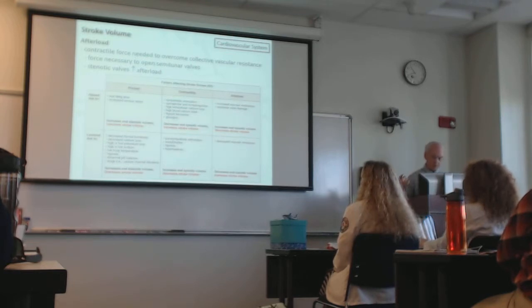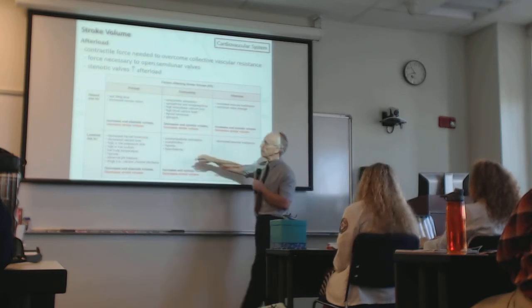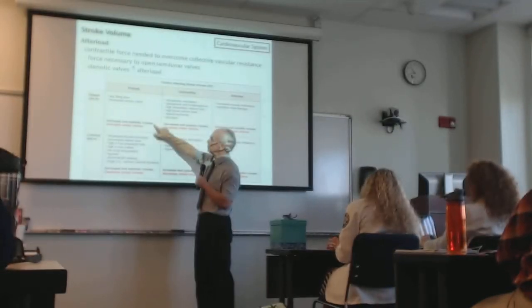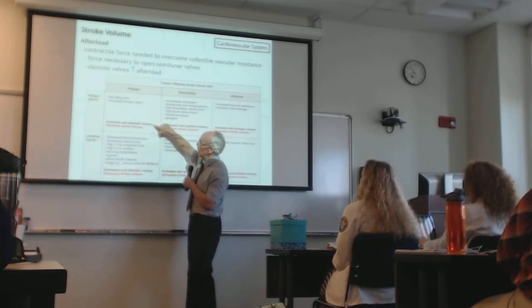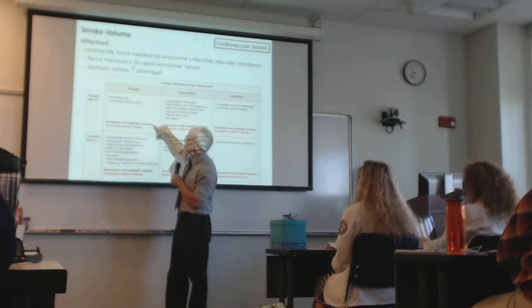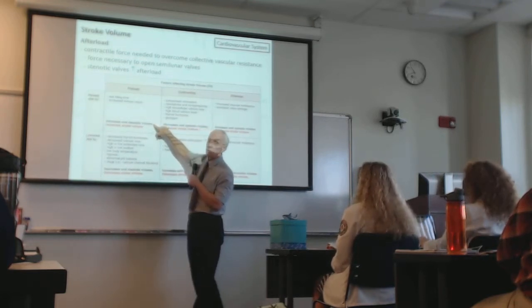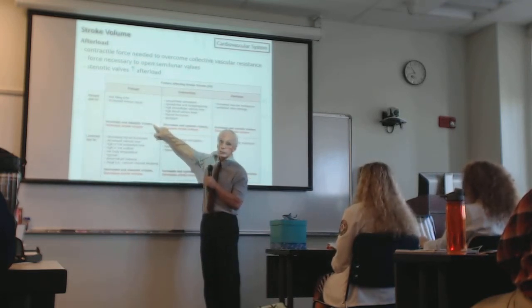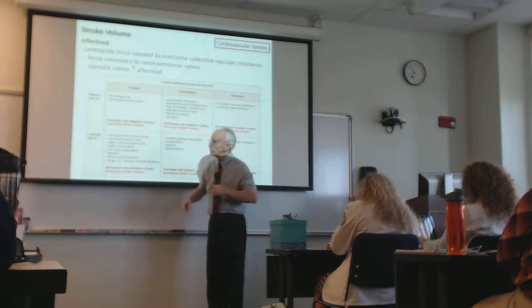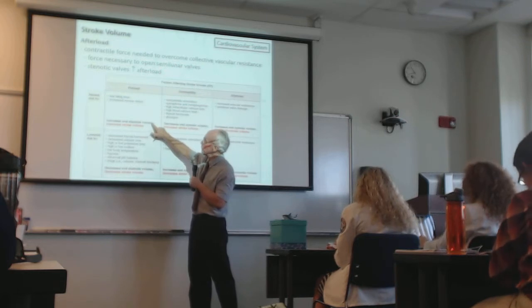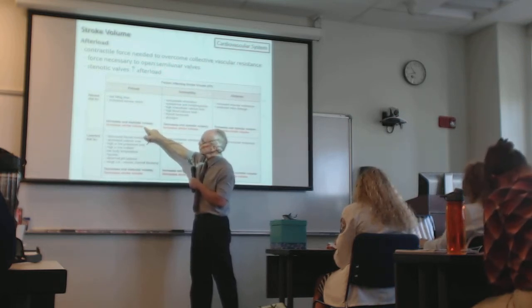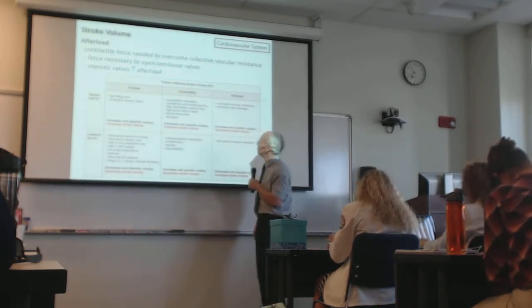So preload, remember, is a force of contraction. If we increase the end-diastolic volume, what is the principle? What is the law or principle we talked about that would increase contractility? Starling's law of the heart, intrinsic. If you increase the volume of the ventricle, the ventricle contracts much more forcefully. And if it does that, it's also going to increase stroke volume.